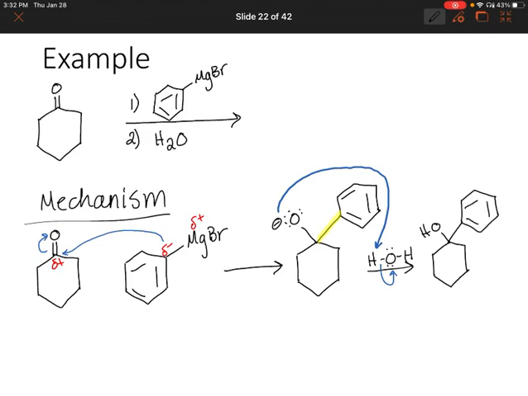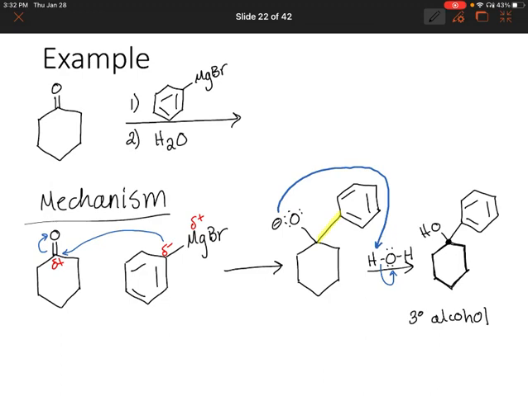So again, what type of alcohol do we have? A tertiary alcohol. And also, let's think about stereochemistry. Do we have any stereocenters in this molecule? Well, it kind of looks like the carbon that the alcohol is bonded to could be a stereocenter, but if we go around this ring here, it's equal on both sides.